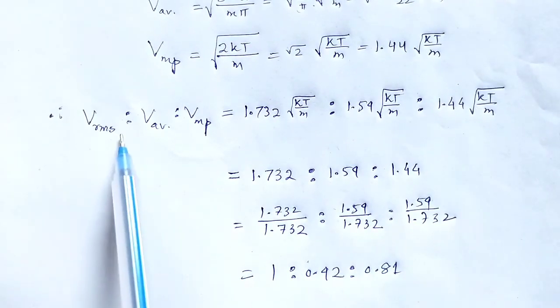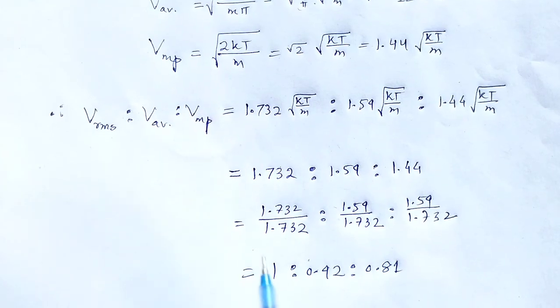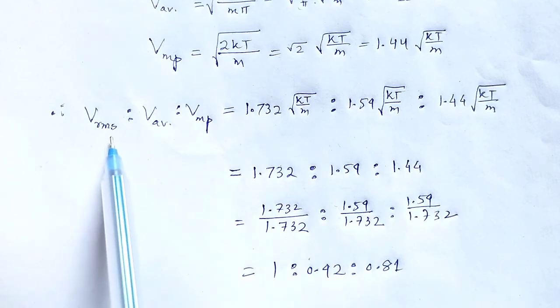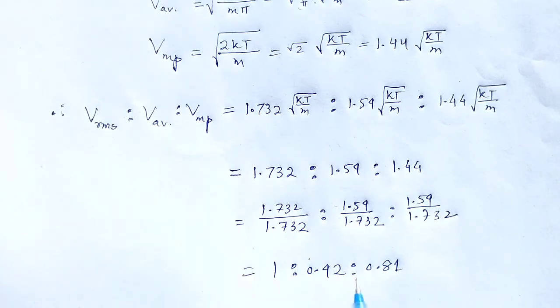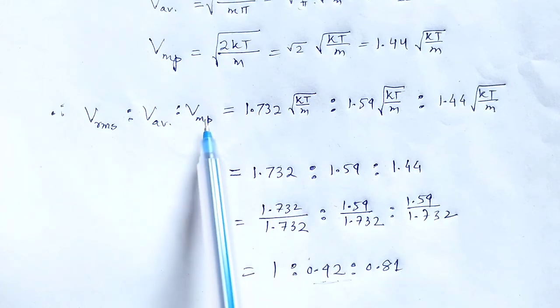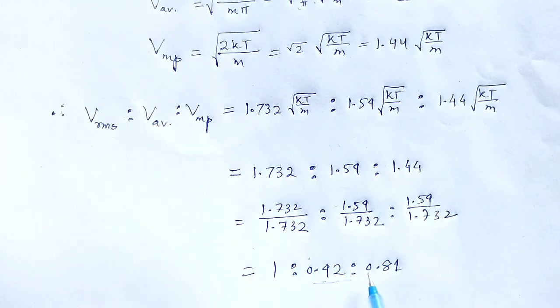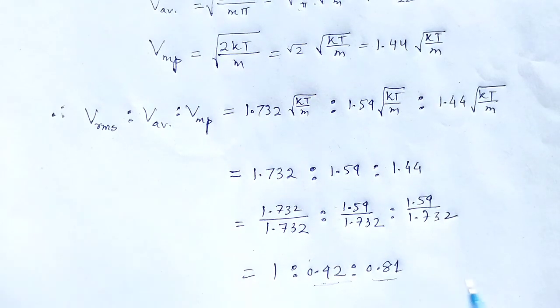This is how V RMS, V average and V most probable are related. Means V average is 0.92 times V RMS, and V most probable is 0.81 times V RMS.